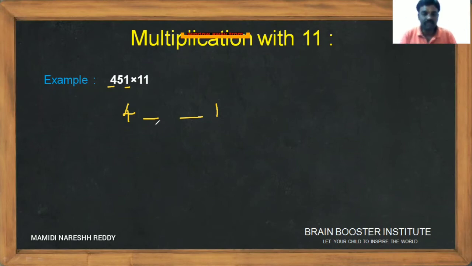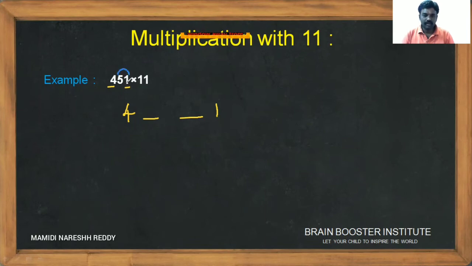After that, just add each two digits. By adding, what do you get here? Let me explain with another color, then you can understand easily. Okay, I think everyone likes light blue. Now I'm adding 5 and 1.